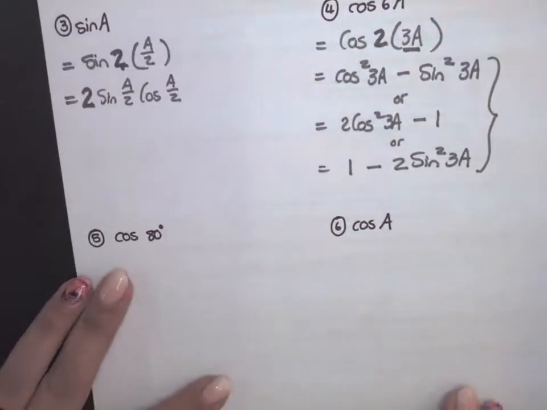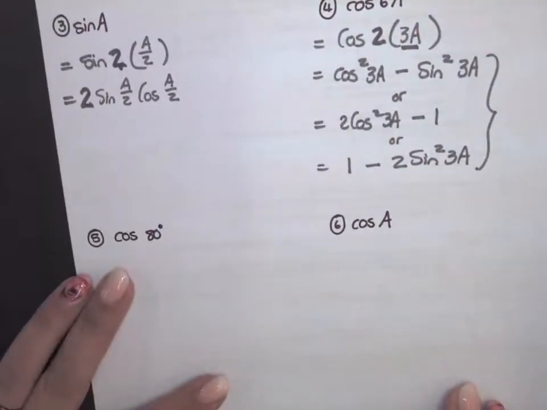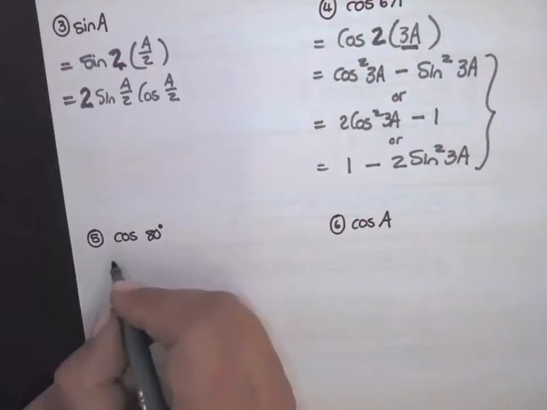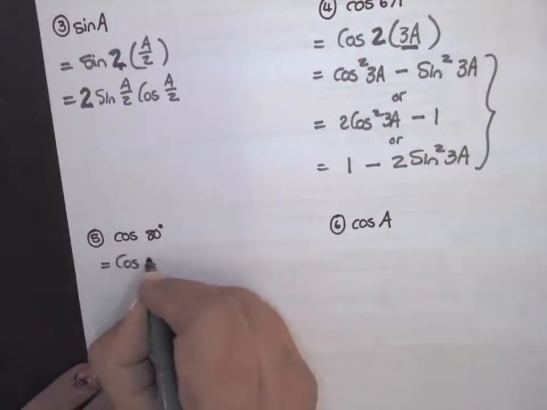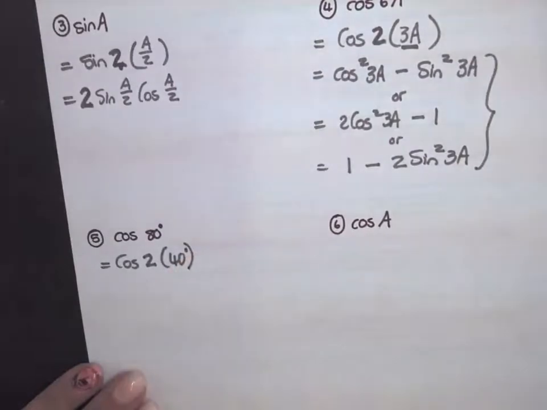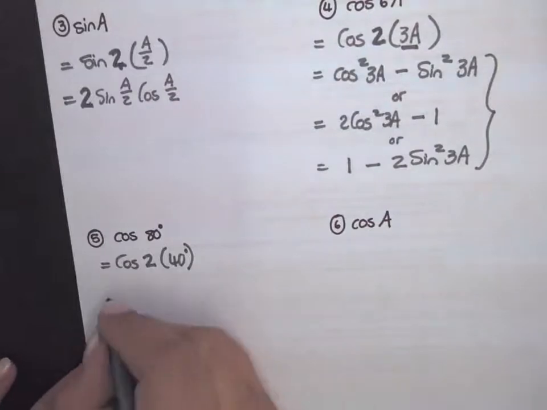Let's look at number 5, cos 80 degrees. First step is to write it as a double angle. Cos 2 times 40 degrees. Again, we have three options.